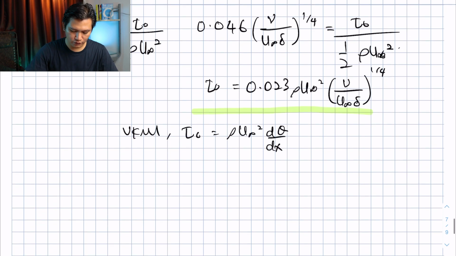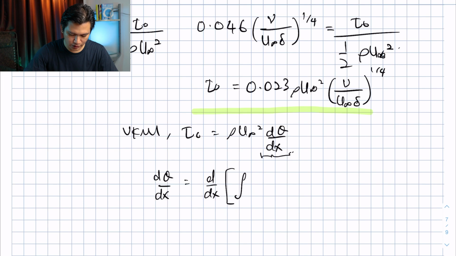Let's solve for d theta over dx. So d theta over dx is d over dx of theta, where theta is the integral from 0 to del of u over u infinity times 1 minus u over u infinity dy.